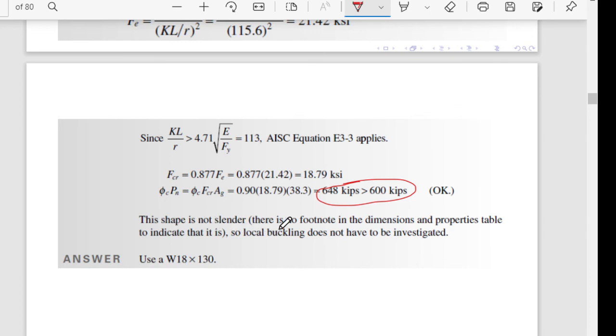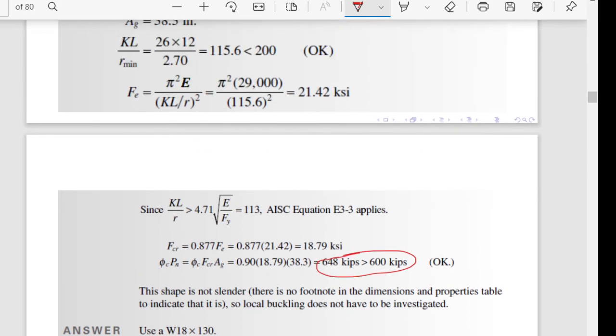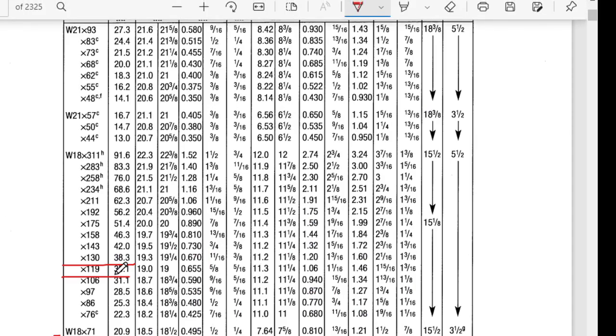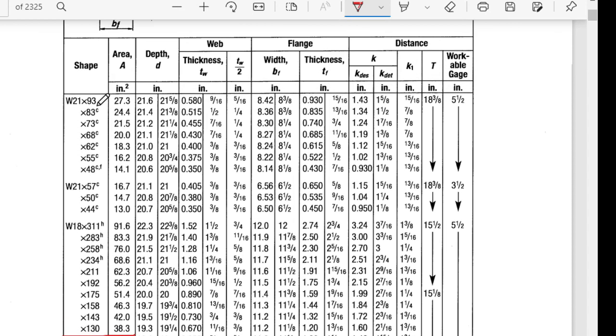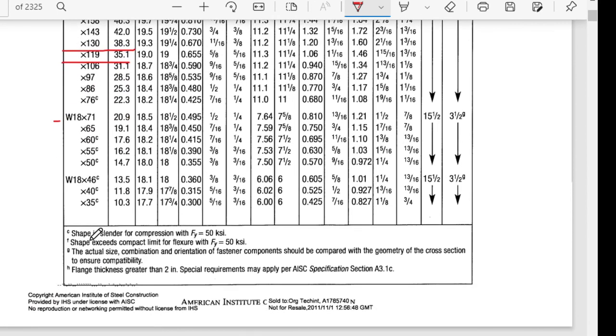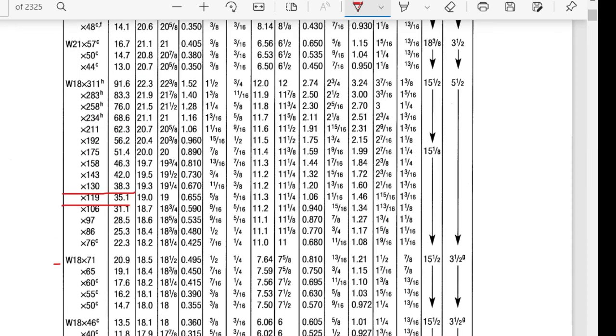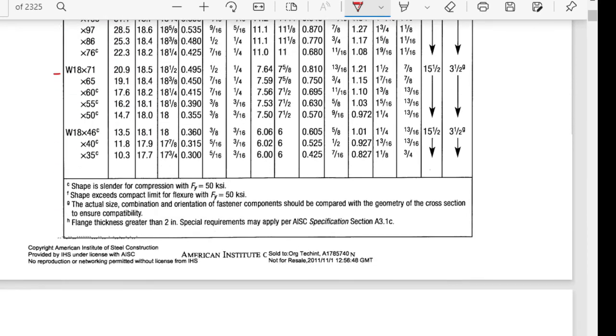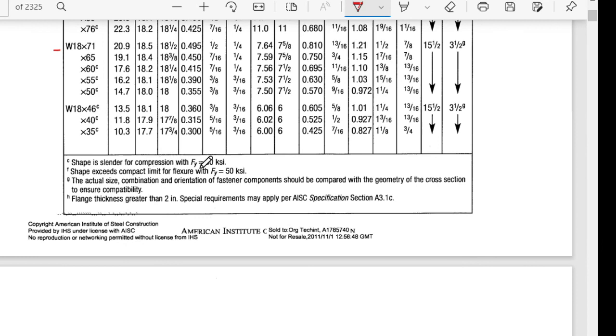This shape is not slender because there is no footnote in the dimensions and properties table to indicate that it is. So local buckling does not have to be investigated. Local buckling is not an issue. If you look here, the W18 by 130 has no footnote, unlike other sizes such as W21 by 57 with a small c, meaning this shape is slender for compression.